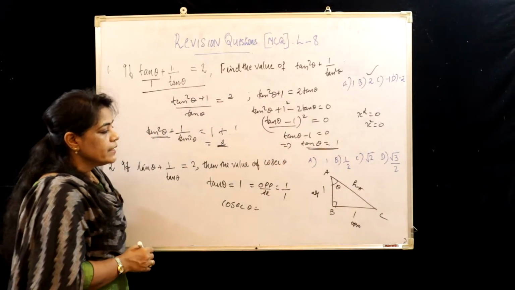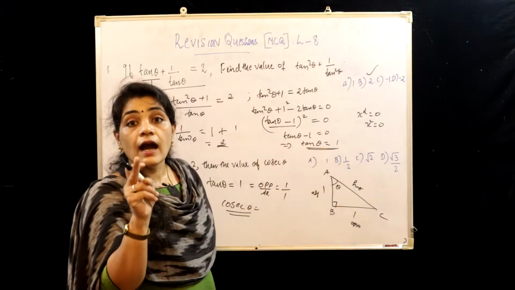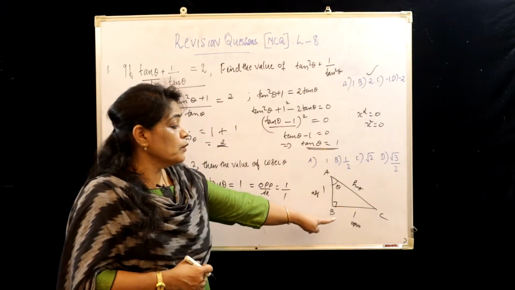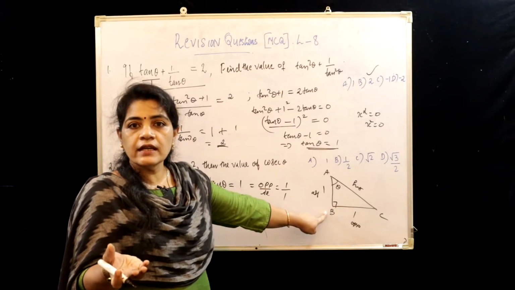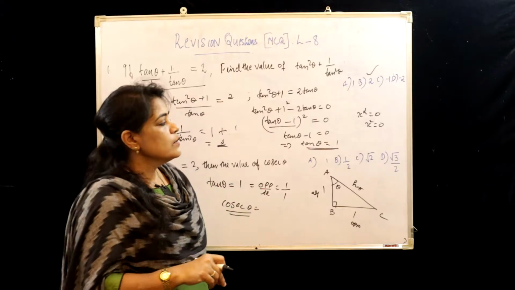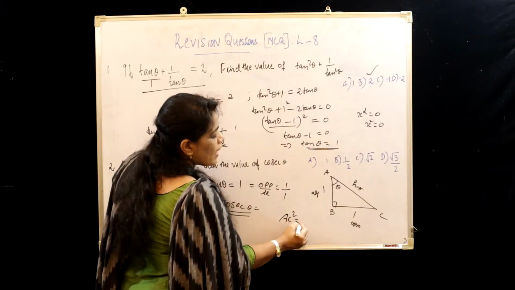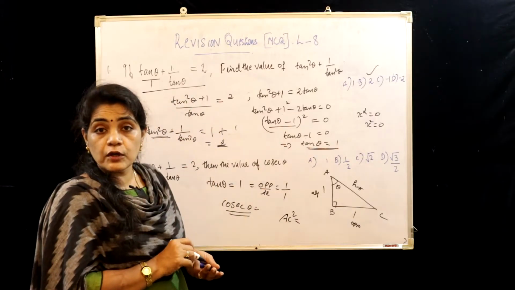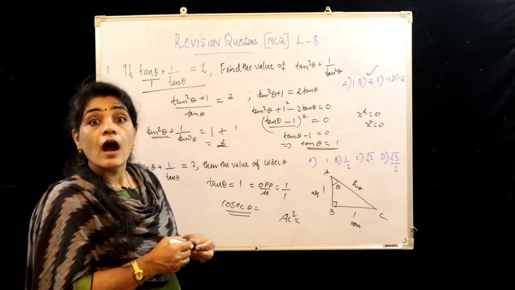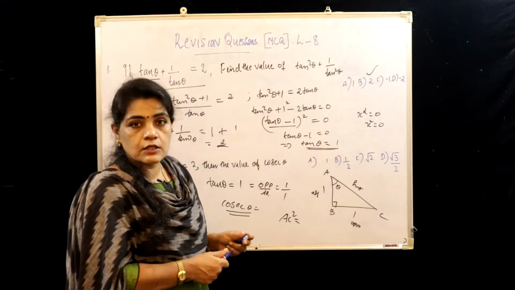So children, in order to get cosec theta, we have to find out the hypotenuse. If you know two sides, you can definitely calculate the third side by using the Pythagoras theorem, right? So by applying the Pythagoras theorem, AC square, the square of the hypotenuse, is the sum of the squares of the other two sides. The other two sides are AB square and BC square.